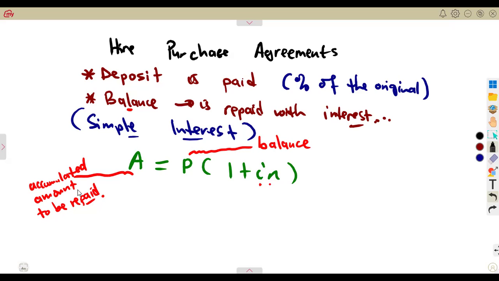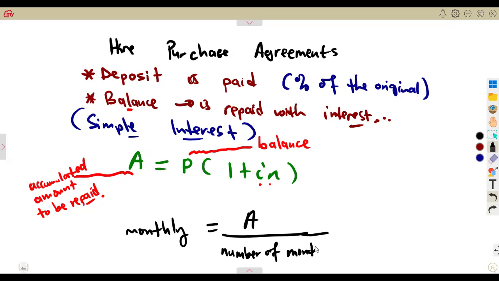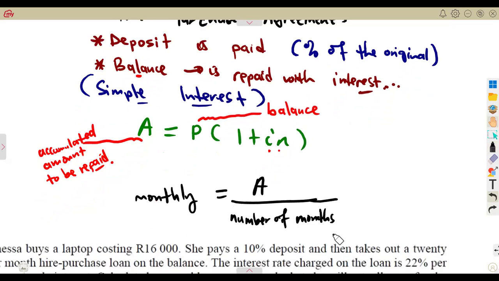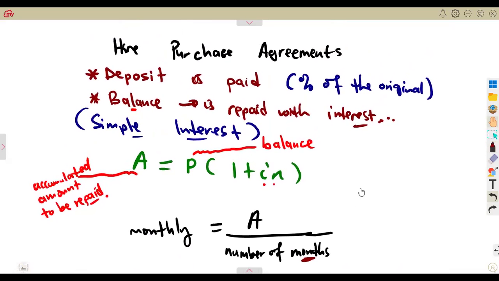The accumulated amount is to be repaid monthly, so it is going to be the accumulated amount repaid over the number of months that you're going to take to pay the loan. These represent the number of months to pay this accumulated amount.